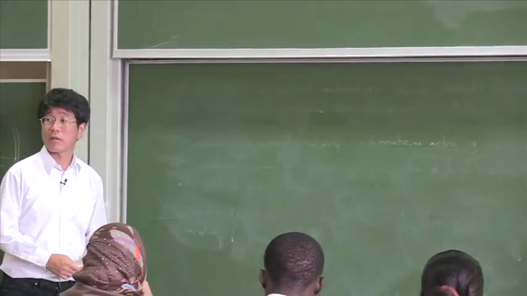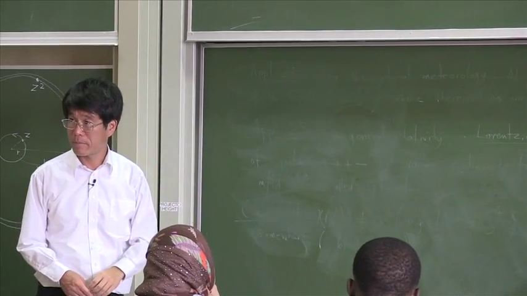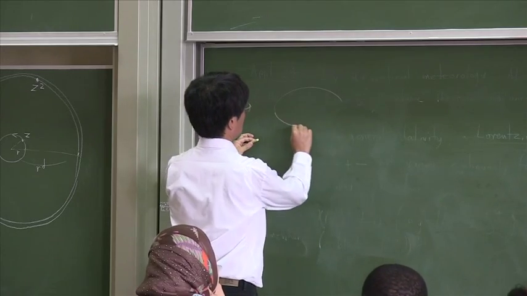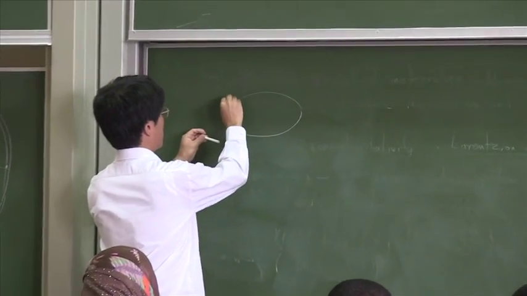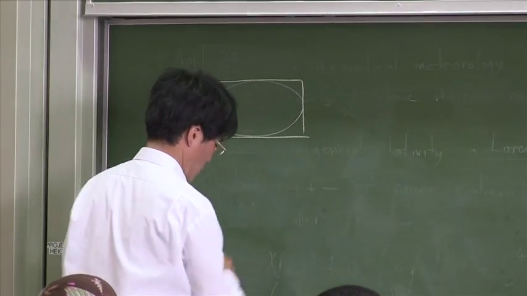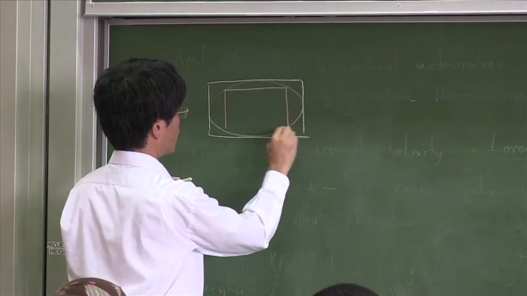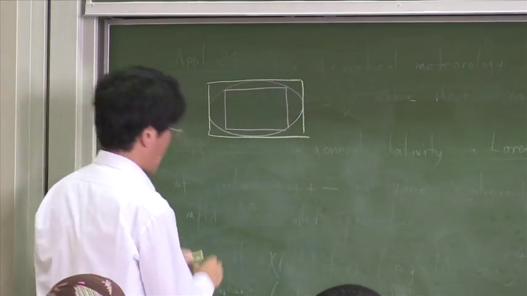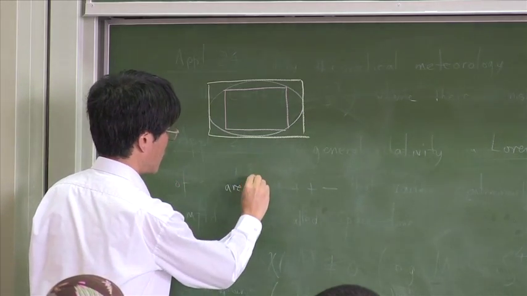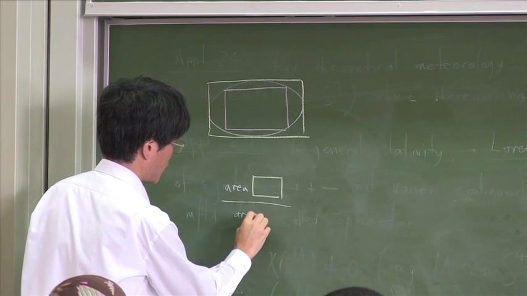First, we shall say that, well, this problem looks difficult, so we are going to deform the problem. Okay? This is the original problem. And we want the area of yellow, big thing, over the area of the small rectangle.